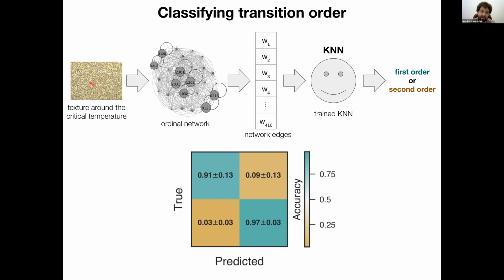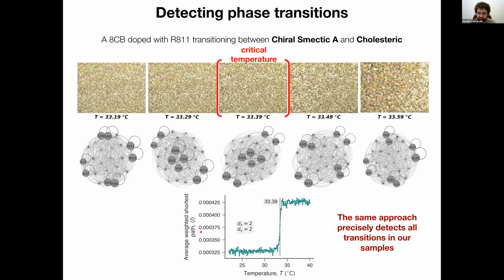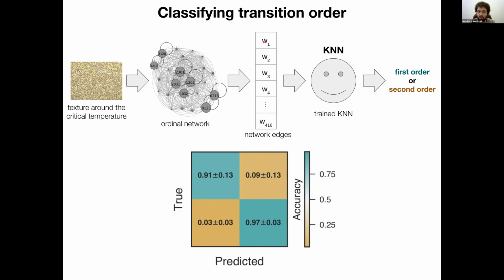To do so, we map these textures into the ordinal network. And this time, instead of using just the average weighted shortest path or any other metric, we actually use all edges of the network to train our KNN model. In this case, we have a lot of edges, and all of these are used as features to train our KNN model. And that turns out to work quite well.